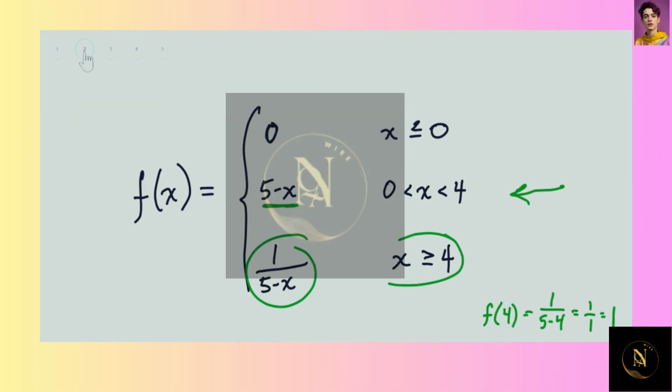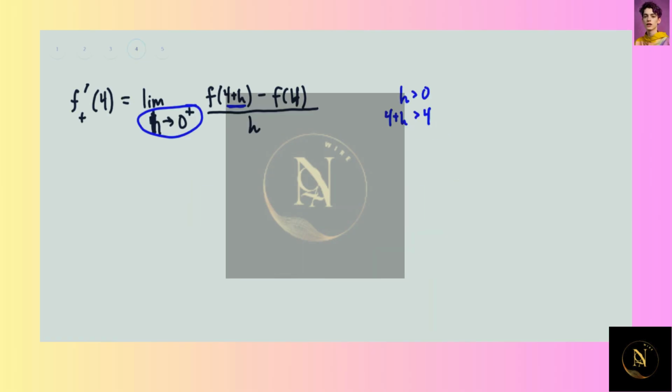So looking back at our function f, if our input is greater than 4, that means we're in this part of the domain. So our definition is f of some input is 1 over 5 minus that input. Let's remember that as we carry on.